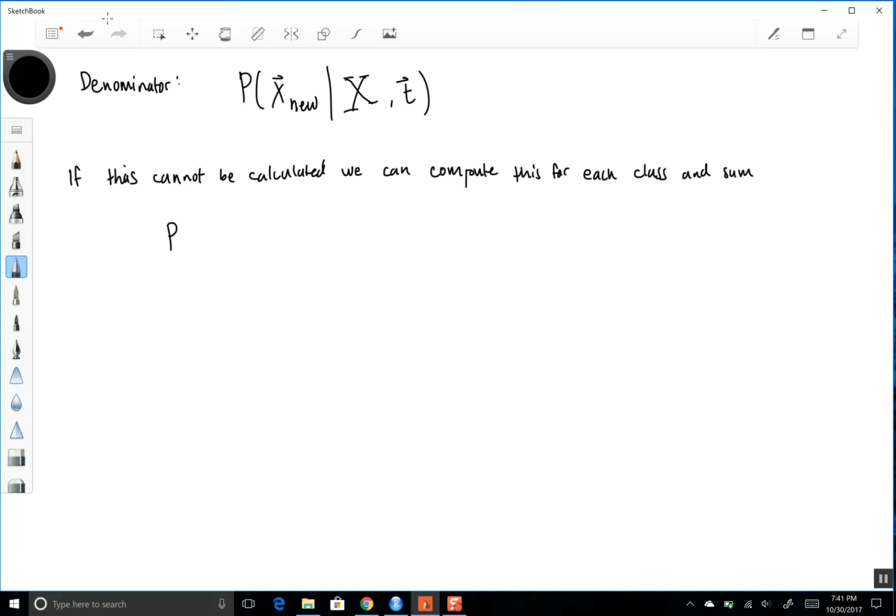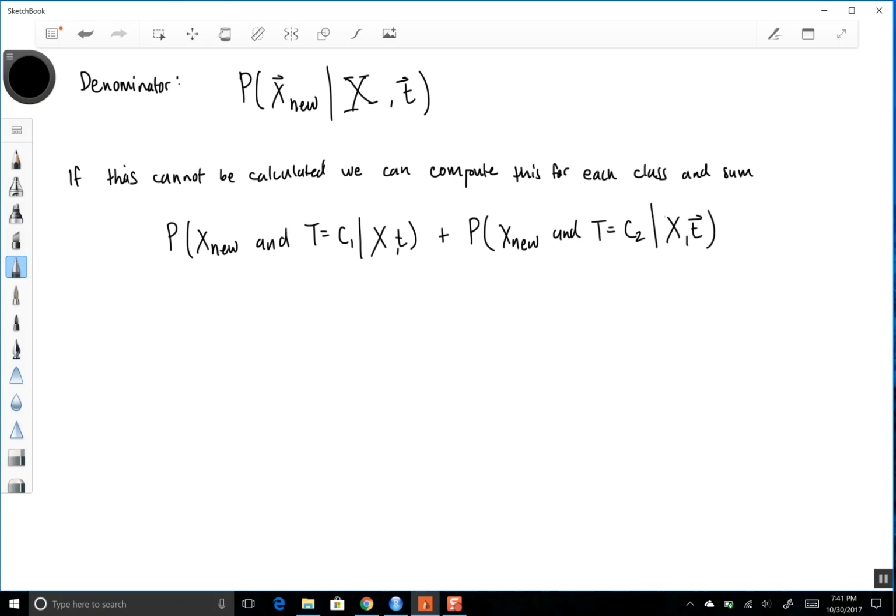So we have the probability of x new and t new belongs to C1 given x and t, plus the probability that x new and t new equals C2 given x and t. So on and so forth. Okay, and each of these, this is an and, right?